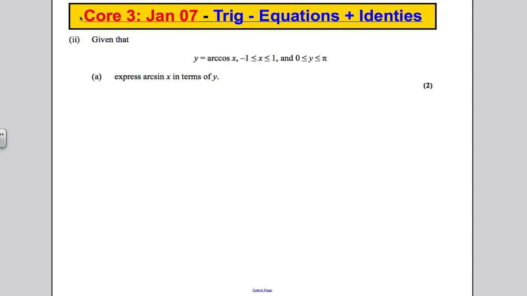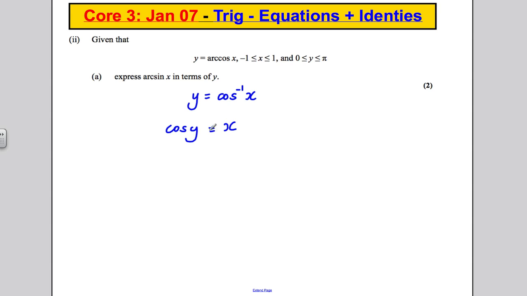Next part, given that y is arc cos x for x between -1 and 1 and y between 0 and pi, express arc sin x in terms of y. If y is arc cos x, which is cos to the -1 of x, then certainly cos y must be equal to x.